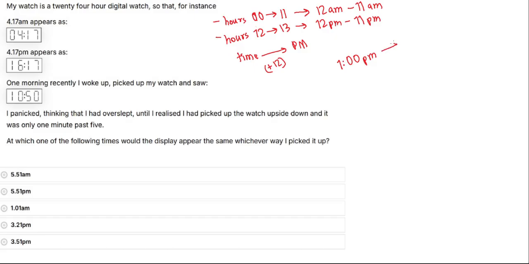We can convert this into 13 PM. Why? Because we added this number 1 by 12. So this is the main key point we have deduced from this first given information. So let's move on forward.